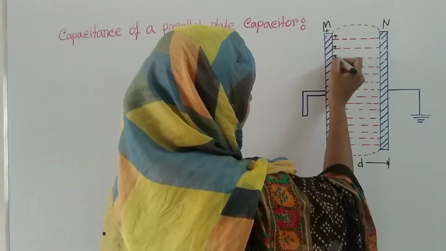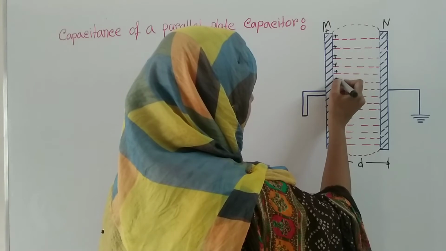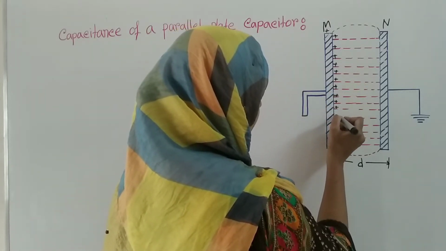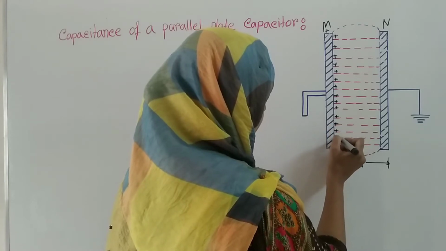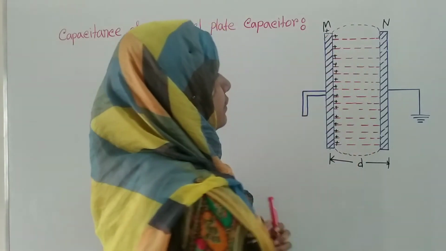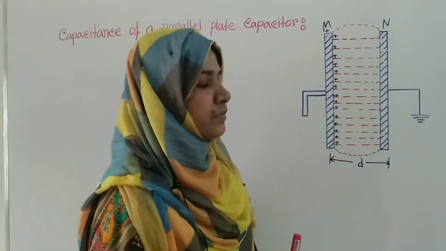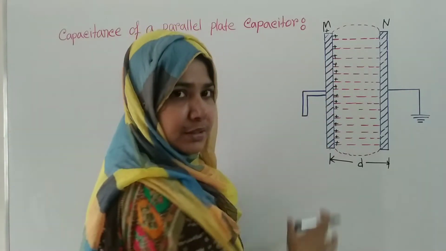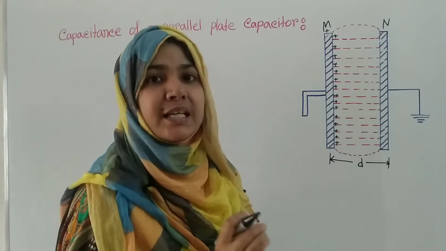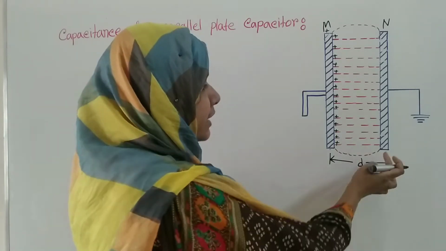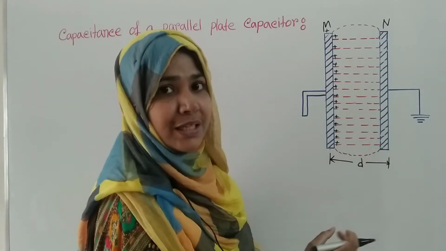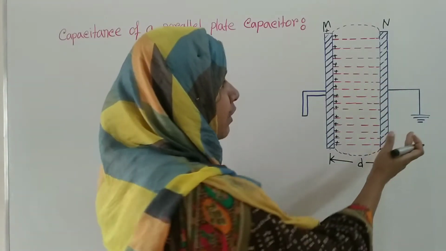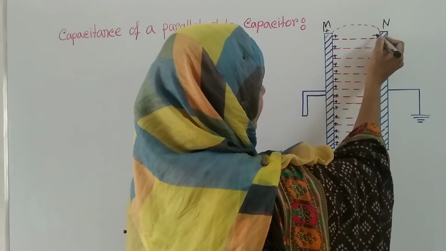There is positive charge all over the plate. As we charge this plate positively, then due to electric induction, negative charge will be induced on the inner surface of the other plate. That means all the negative charge will gather here.